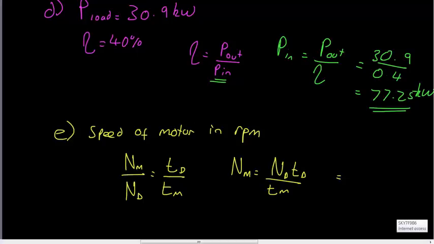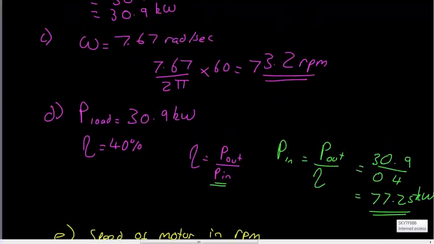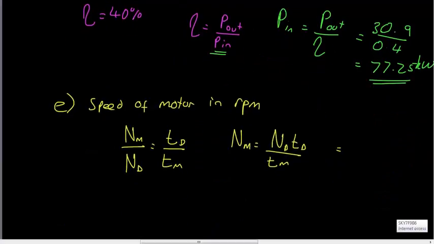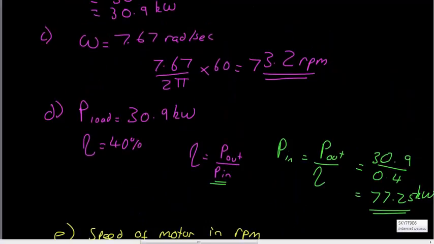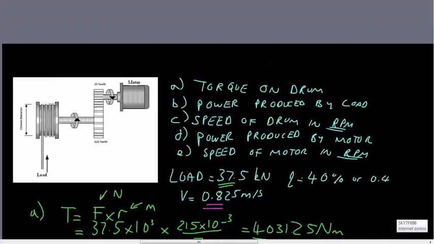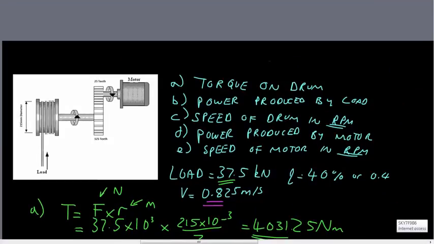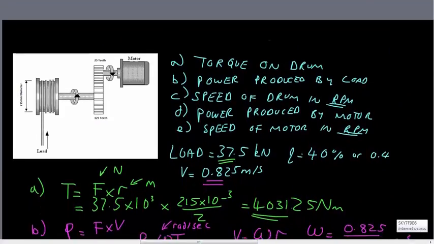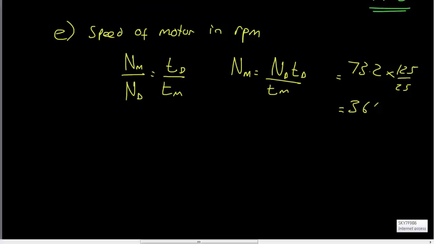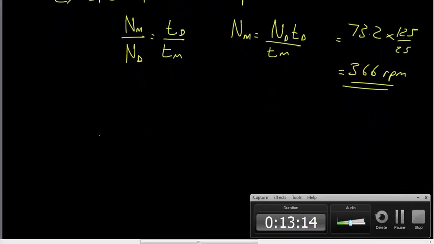We're going to use our value of RPM here to make it easier. We could use omega, but we'd have to convert back. So 73.2 times by the number of teeth on the drum, 125, over the number of teeth on the motor, 25. That gives 366 RPM.